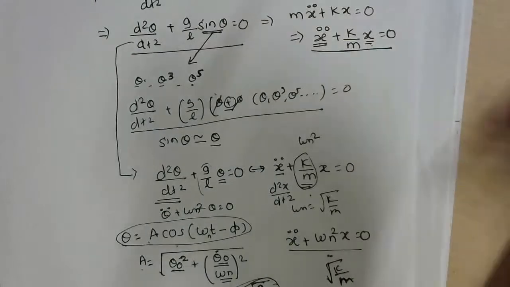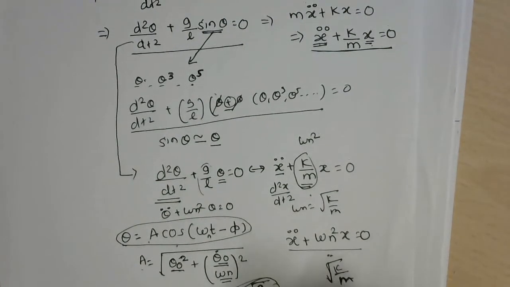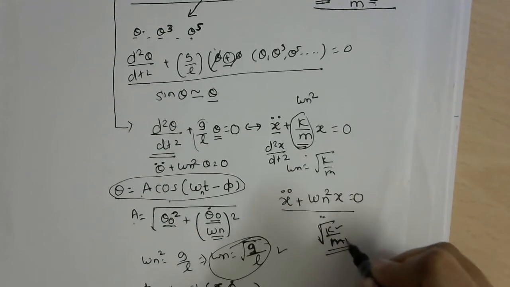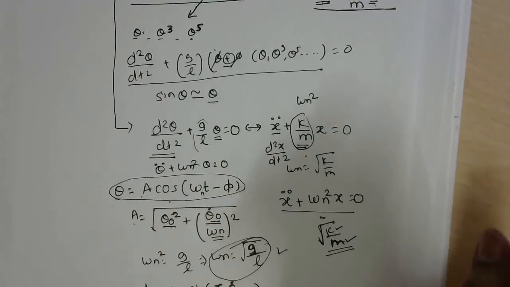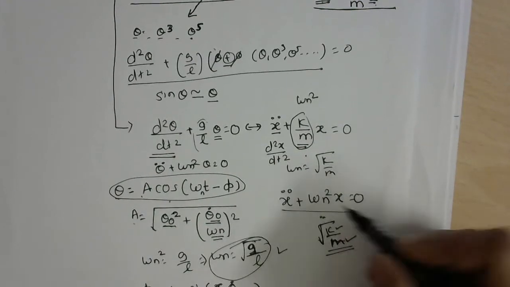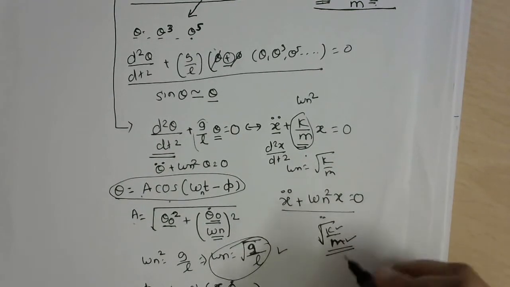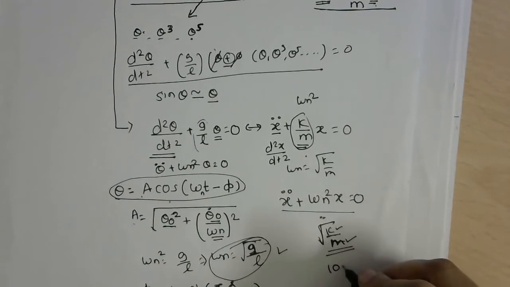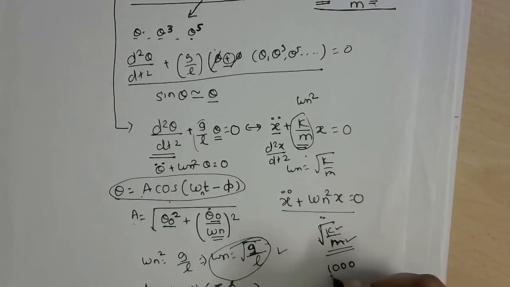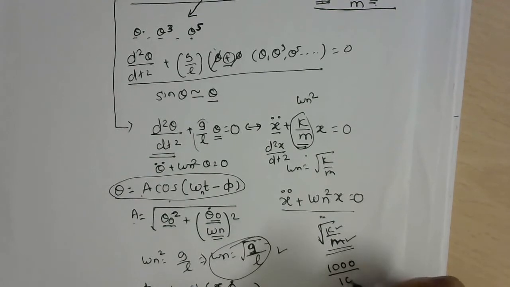So that is called the natural frequency. In the earlier case, the controlling parameter was k by m. K and m individually are not controlling parameters, but their ratio is what controls the behavior. For example, we earlier said that 1000 was k and 10 units was mass.